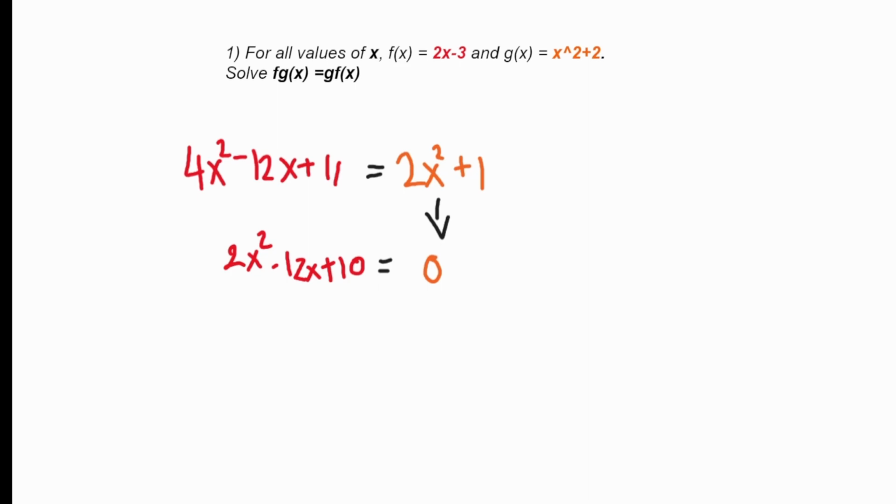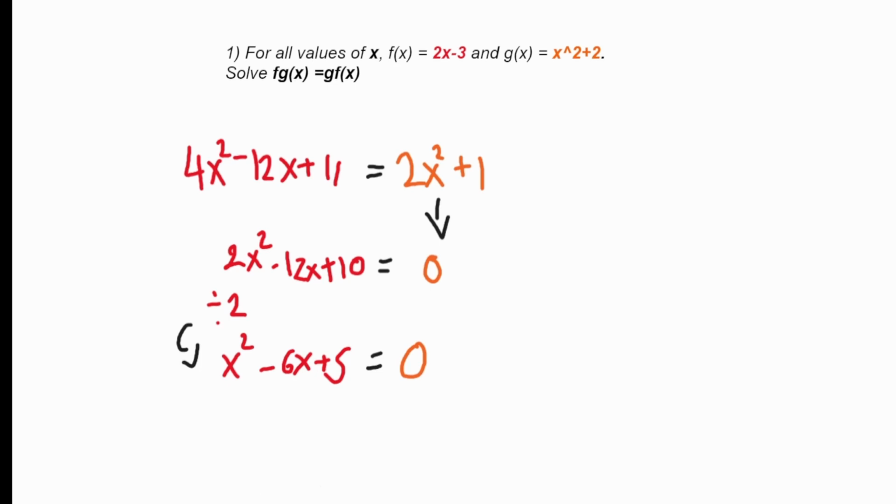You want to solve this, so you divide everything by 2 to get x squared minus 6x plus 5 is equal to 0. You want to factorize this.